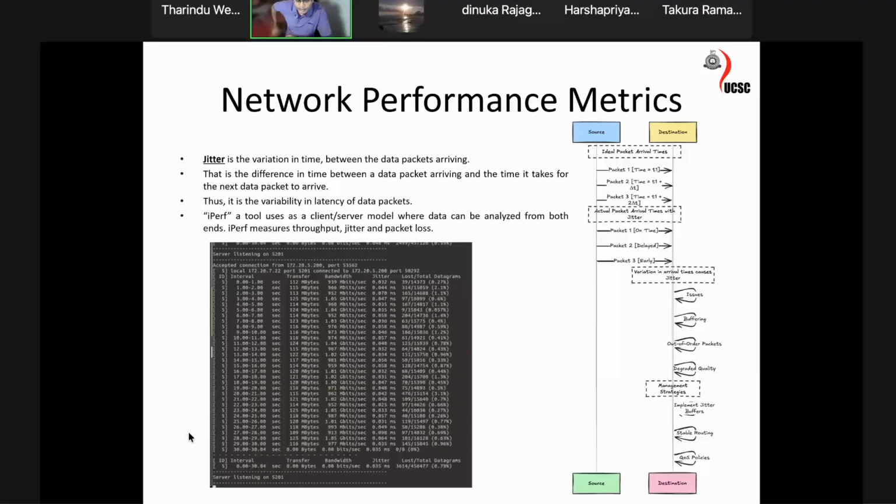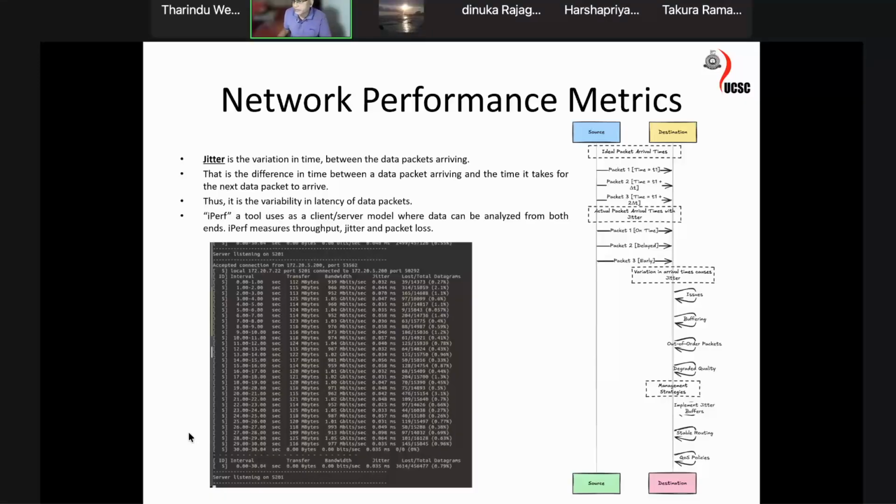most of the real-time applications are unable to cope with it, because applications are usually built assuming predictable delays. But your network delay is varying with time, so it is difficult for some of the applications to run, usually the real-time applications.